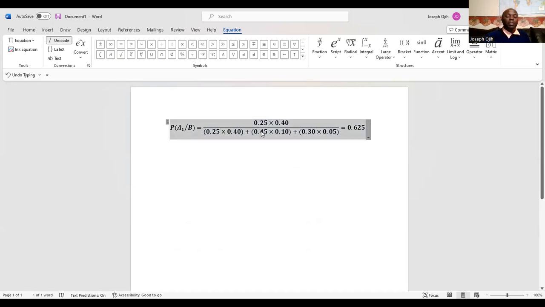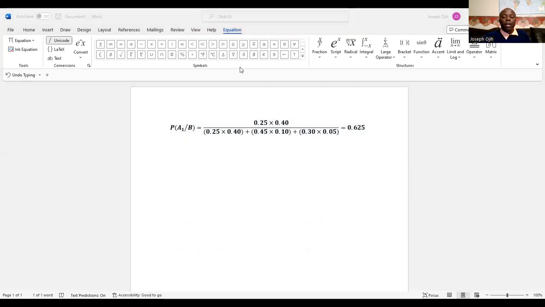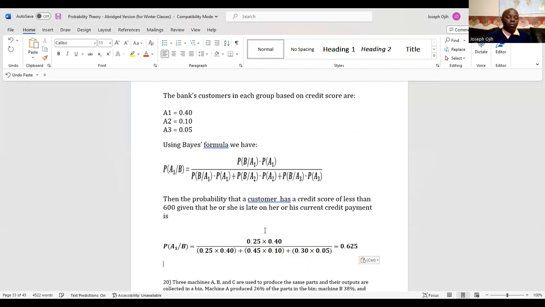Just copy it and paste it in our main workbook so they can see it right there: 0.625. So there is a 62.5% chance that the customer has a credit score of less than 600, given that he or she is late on his or her current credit card payment.